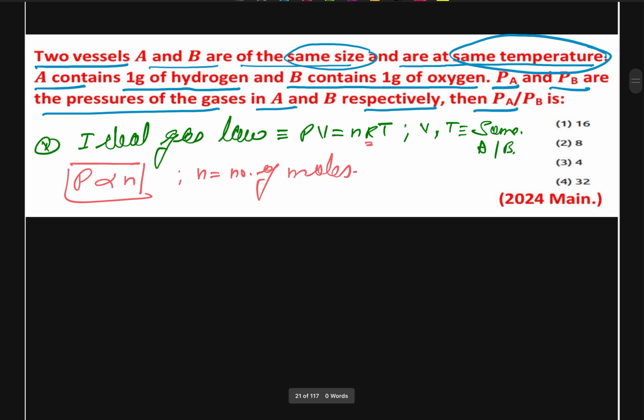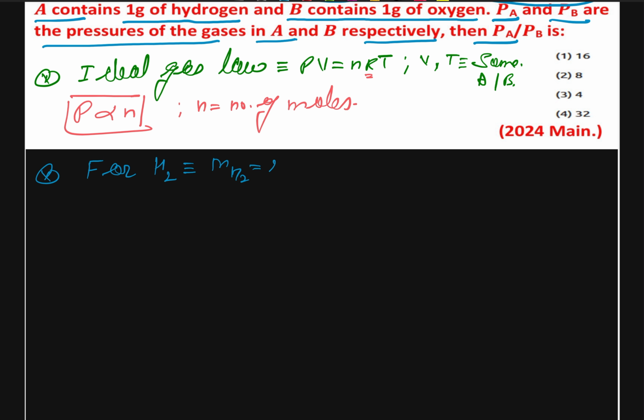So for hydrogen, its molar mass we already know, that is about 2 gram per mole, and its actual mass which is given to us is 1.